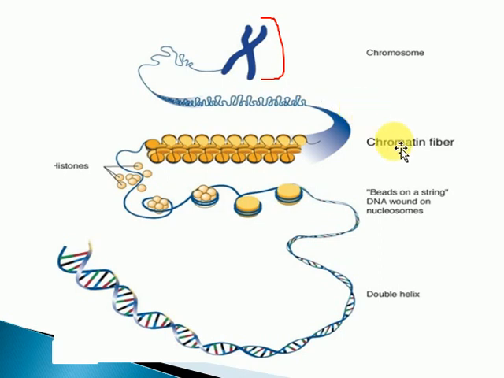But when the cell is not dividing, the chromatin fiber is present in entangled form. Entangled means उलझा हुआ. Once it is about to divide, it takes the shape of the chromosome.